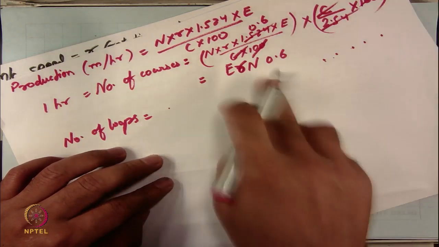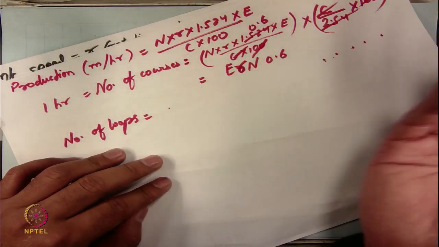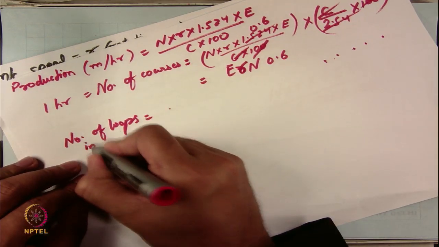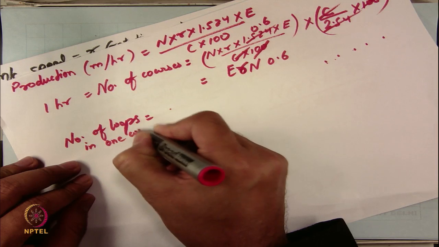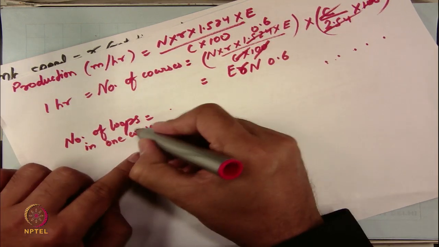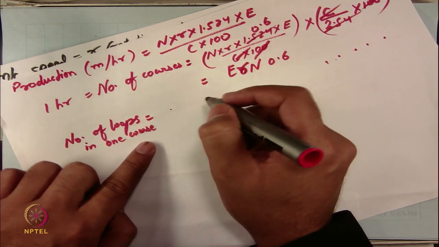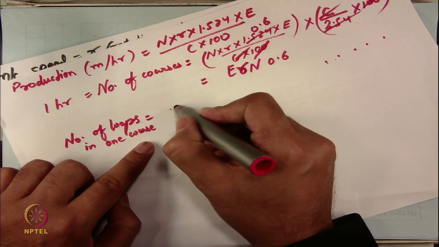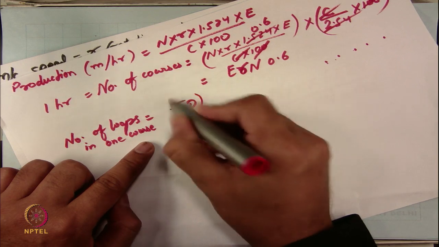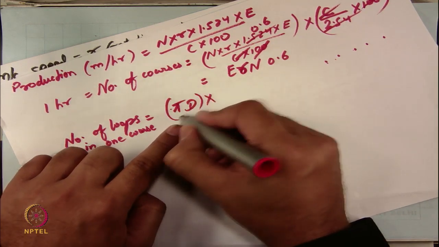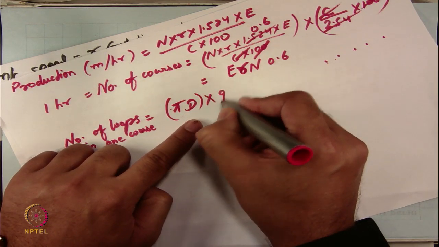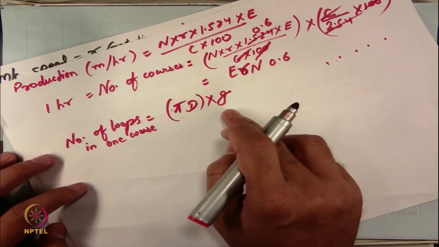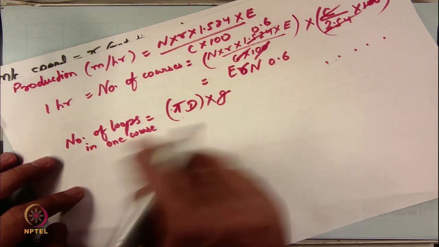So, in one course if you count the number of needles, that will be equal to number of loops in one course. So, this will be pi d, the circumference of the machine, into G, the machine gauge. So, this is the number of loops in one course.